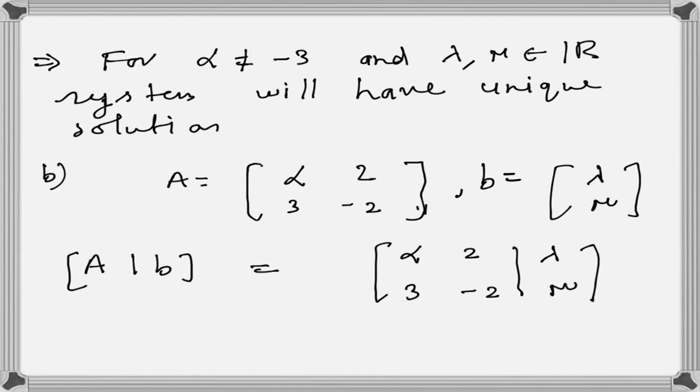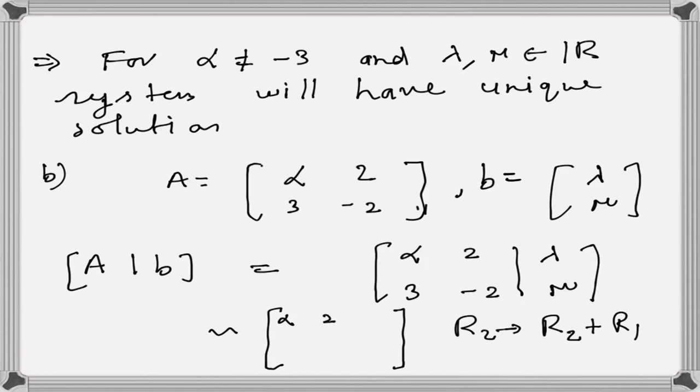All right, so here if I apply the row operation R2 replaced with R2 plus R1, then we get alpha 2, lambda, and then 3 plus alpha 0, lambda plus mu.